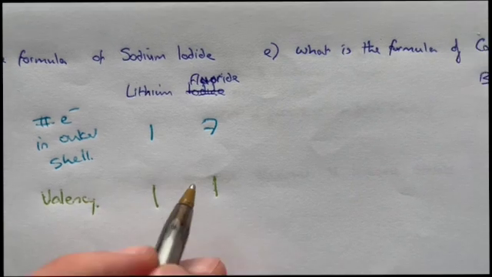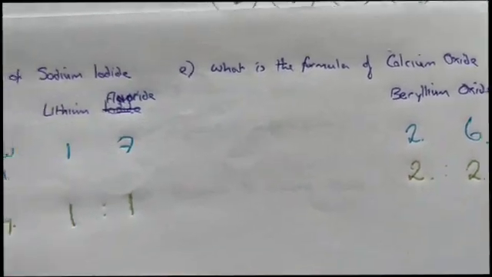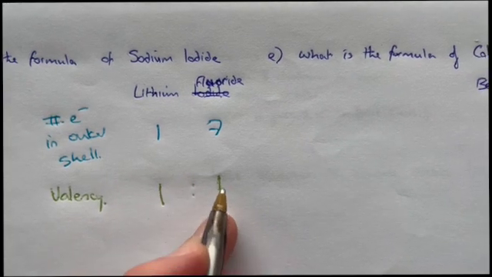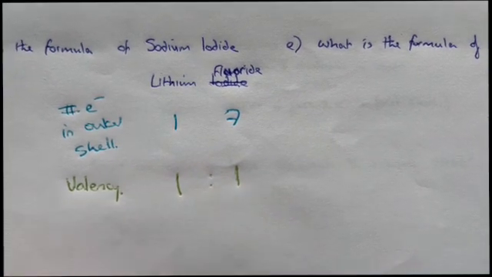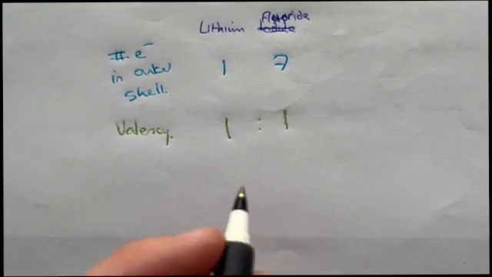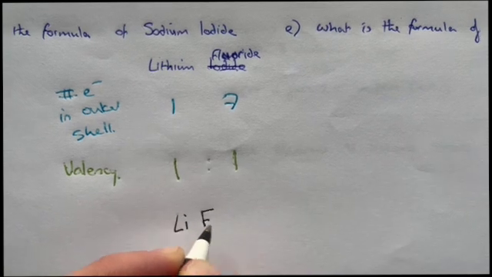And now that I see my valency, I can see this is a 1 is to 1, and this is a 2 is to 2. In the sense that this one wants to lose an electron, this wants to gain an electron. So we have a perfect match. And so I can simply say this is lithium fluoride.